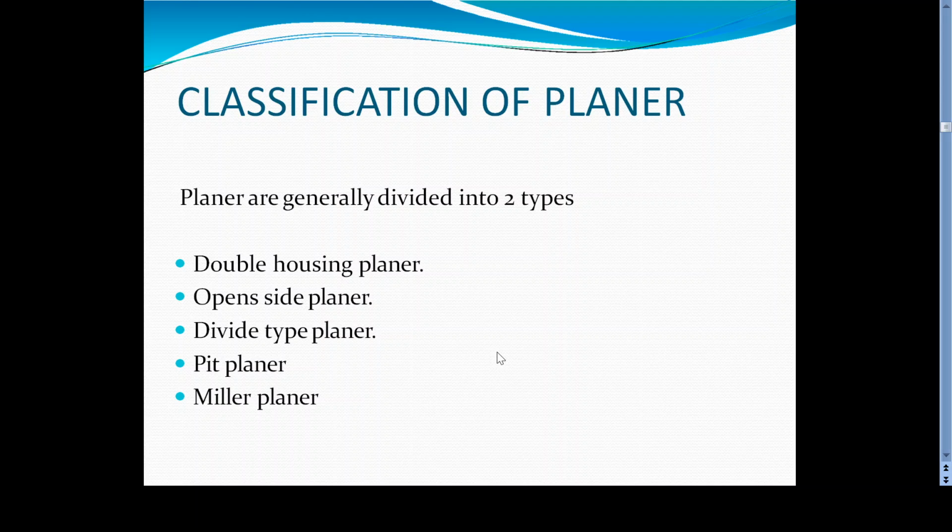Then the pit planer is actually something different. That means in the pit planer the tool head is moving, not the table. Then the miller planer is actually a combination of a milling machine and a planer machine.